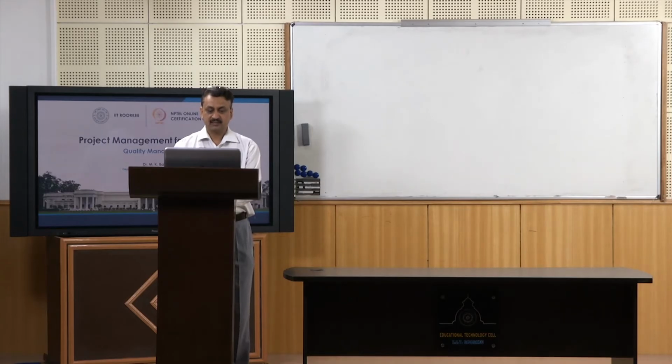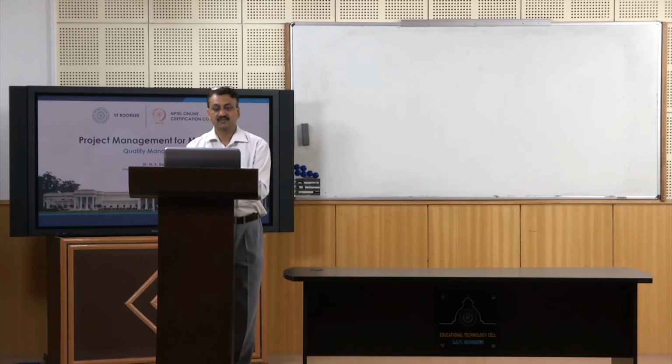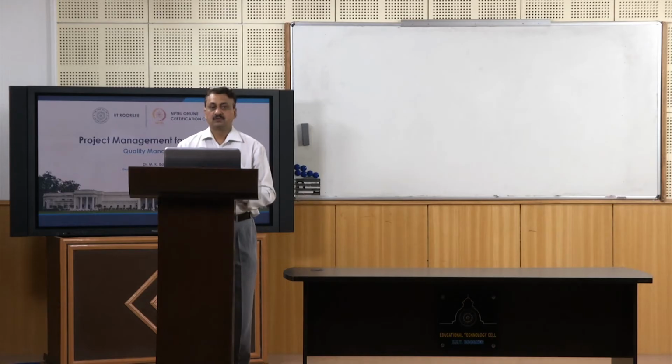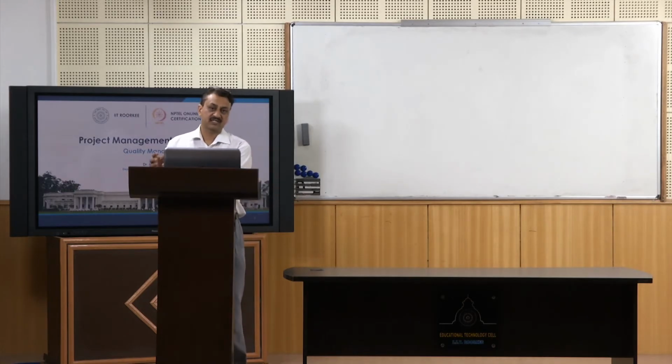Yeah, this is again an important tool, the cause and effect diagram. It's also called a fishbone diagram because it looks like a fishbone, right? You have a problem or a defect in an assembly line. Now you need to analyze what the reasons for that particular defect are.